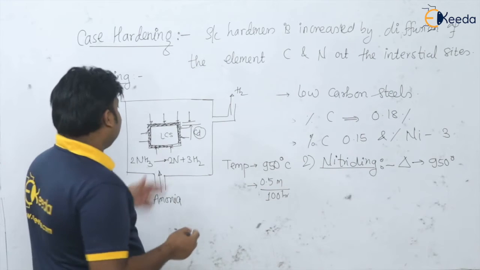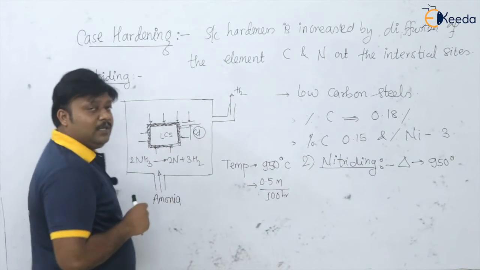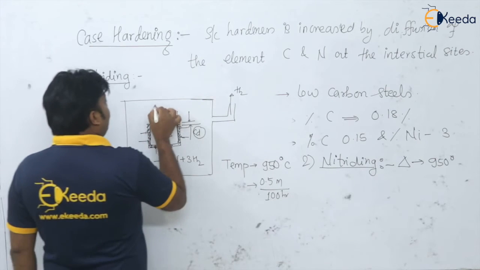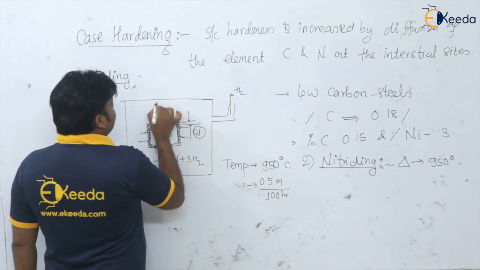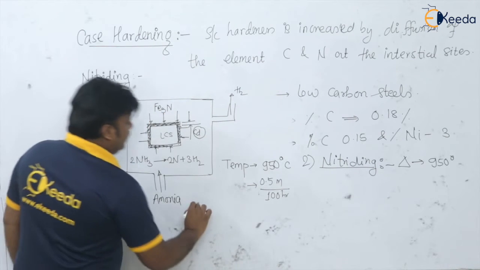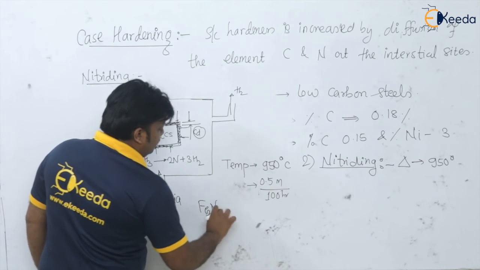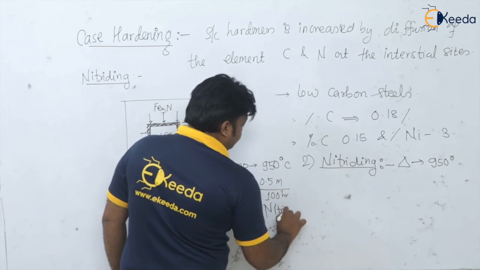So same fashion here, when this nitrogen is penetrated on the surface of this low carbon steel specimen, it will form the hard layer or the hard surface of this iron nitride. This Fe3N is what? The iron nitride.